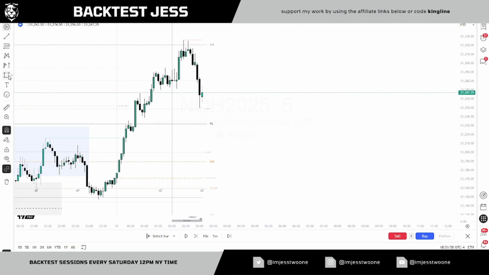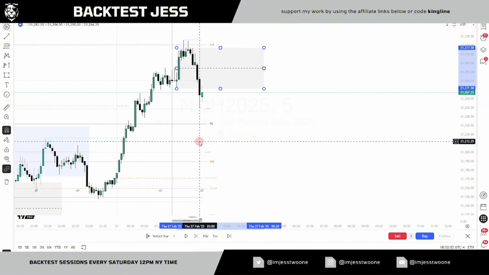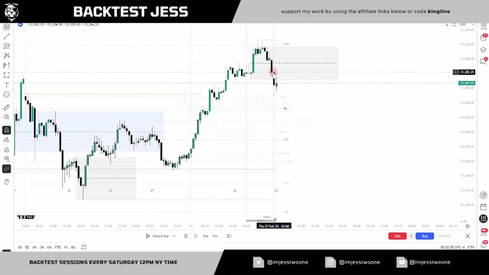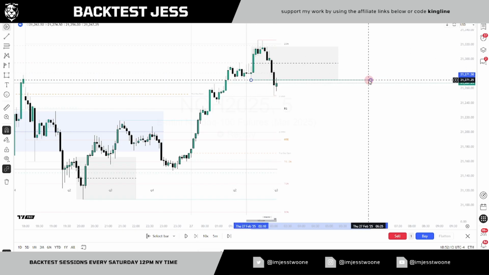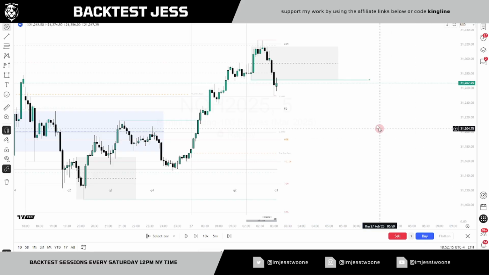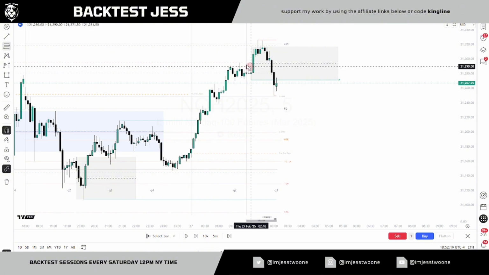Okay, finally. Q3 manipulation right here. I think. Yes. So right on this close at 3 a.m. This is a Q3. This candle is during Q3, so it's a Q3 manipulation. We have our change in state delivery right here. I will follow this with OTE. Again, we have the high.